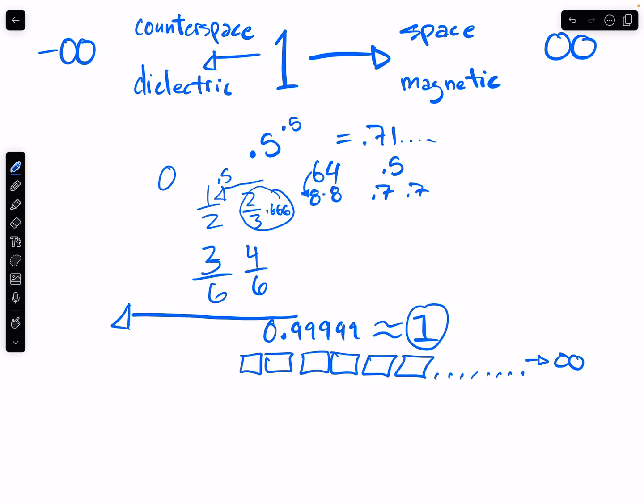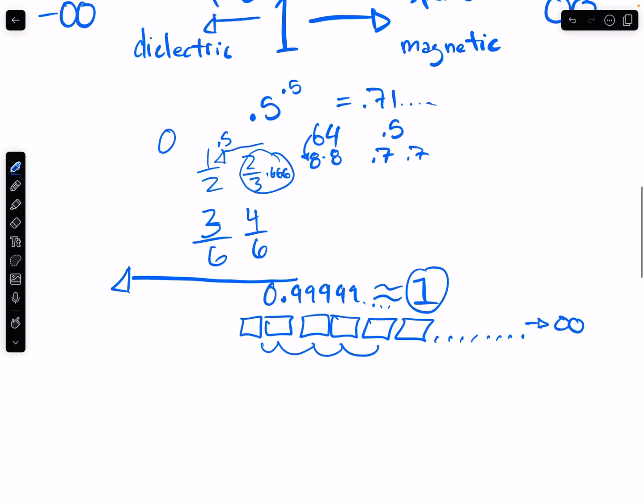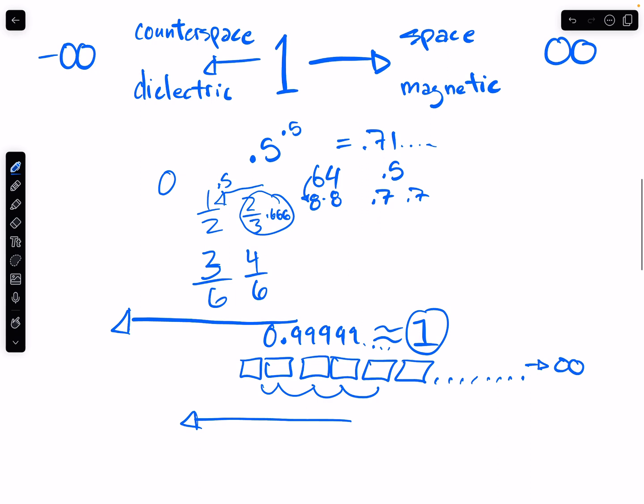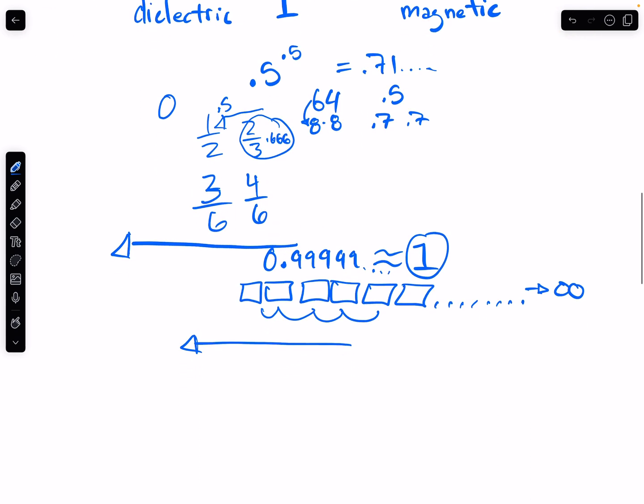Because every time we multiply, like 0.999 times 0.999 repeated, it's going to make the number smaller. So it gets smaller and smaller and smaller. So what it's doing is moving to the left, right?